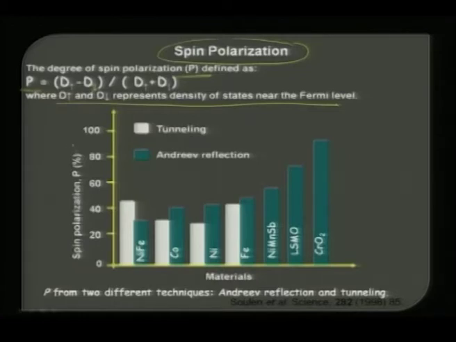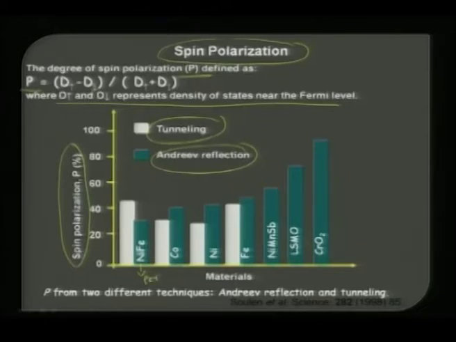Now, to measure this spin polarization there are two methods, one is the tunneling technique and the other one is the Andreev reflection method. In both cases we can try to measure the spin polarization of the ferromagnets you are using, for example permalloy, nickel iron.